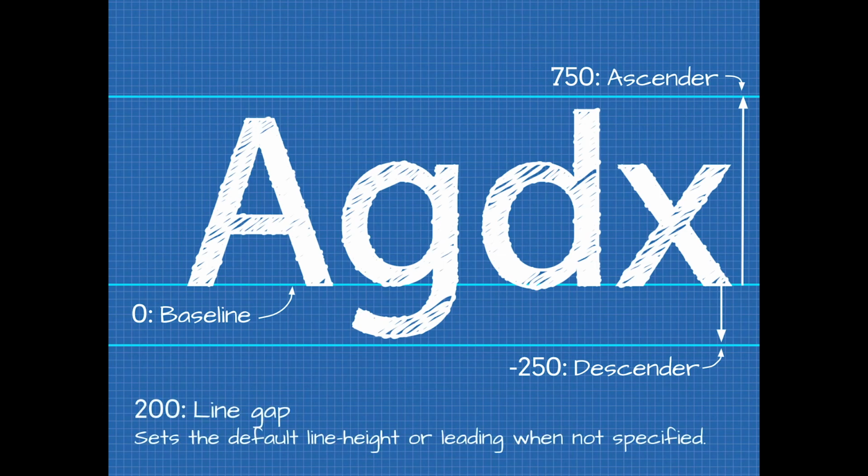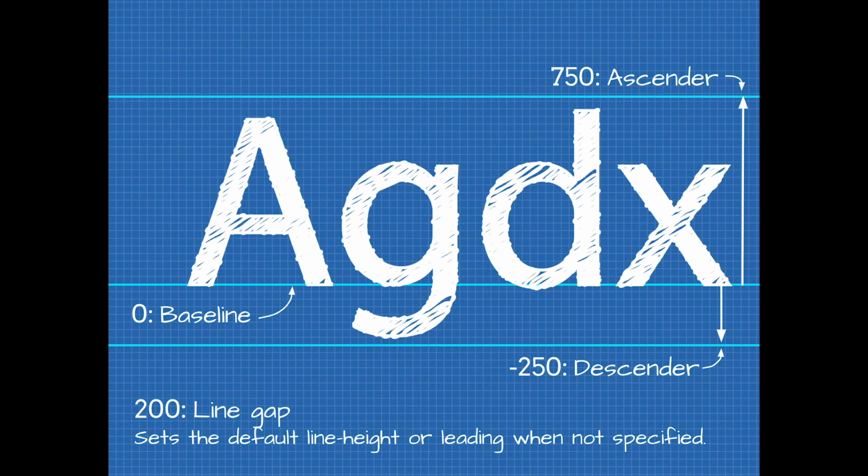There's also another one, I think this is just for fun: line gap, which is like, what is my default spacing for this font if no spacing is set? People will say that your line height, if you don't set it, is 1.2 on the web, and that's false.